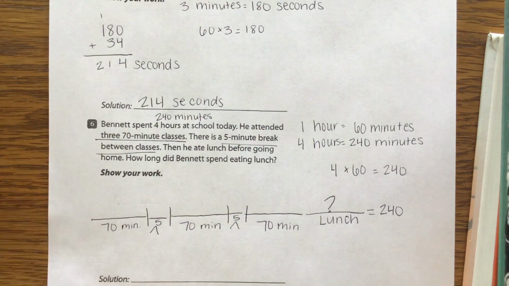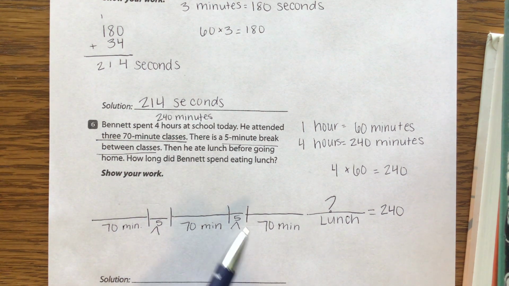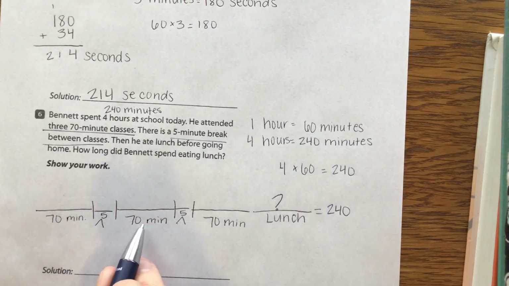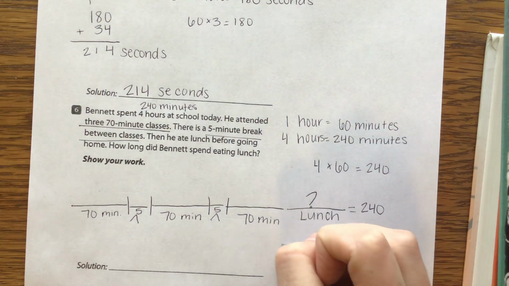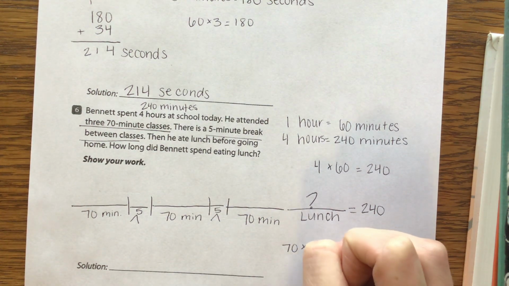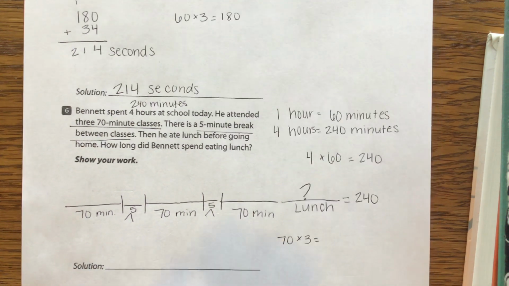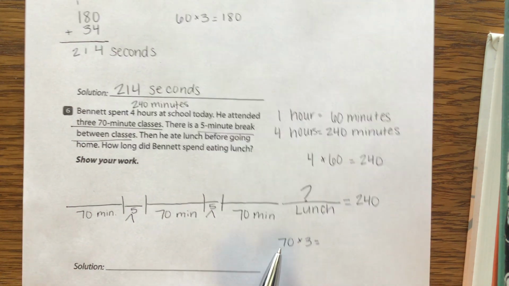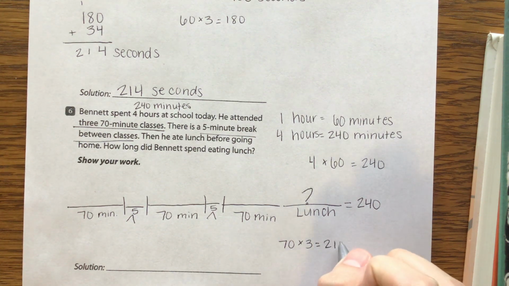All right, so to find that, I first need to add up what I already know, which is 70 plus 5 plus 70 plus 5 plus 70. So I'm going to do 70 plus 70 plus 70, or I could do 70 times 3. I know 7 times 3 is 21, and then I can just add my 0.